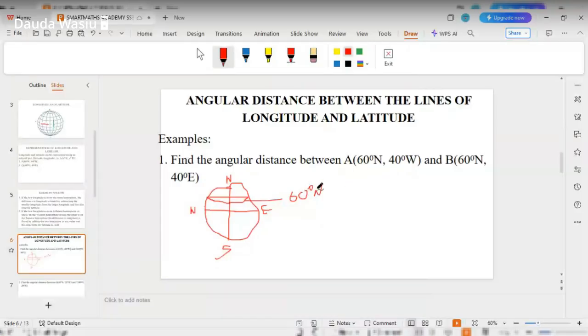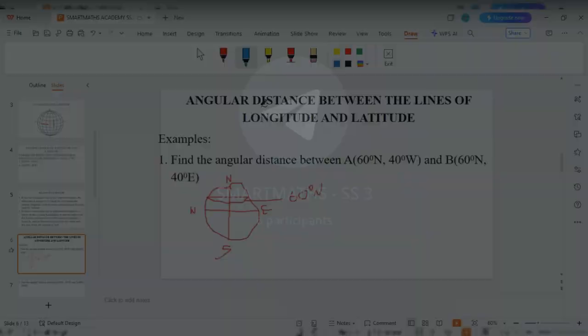Then 40 degrees west: you come to the west side of the meridian.